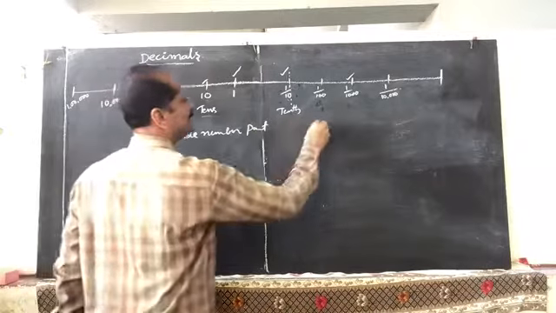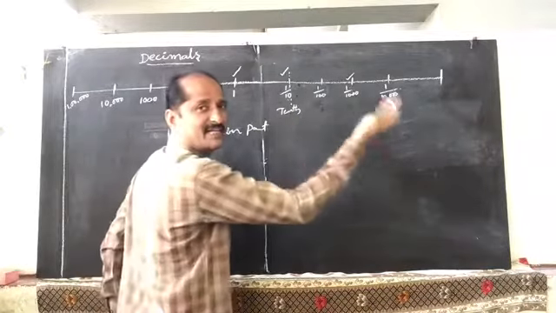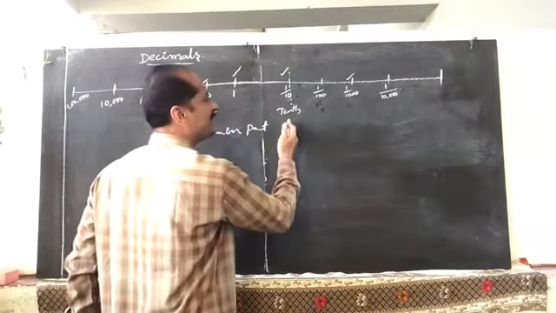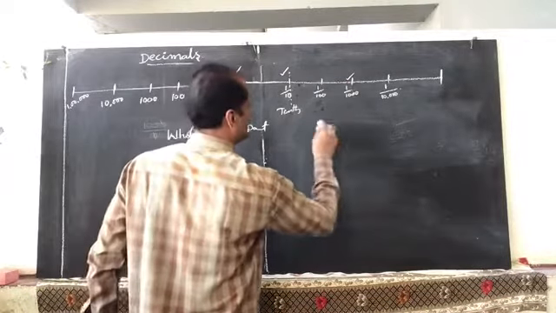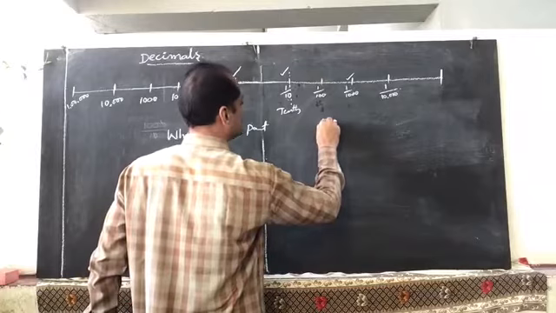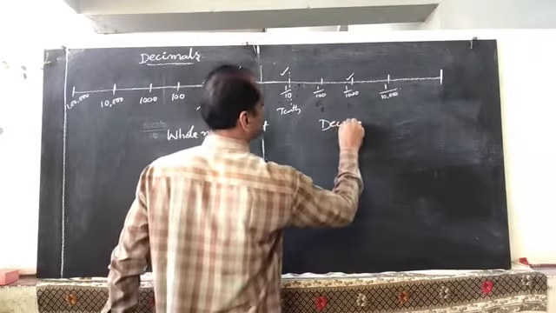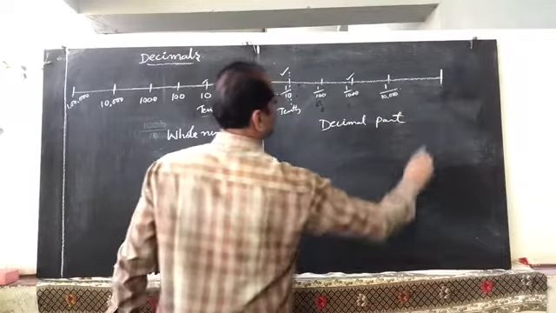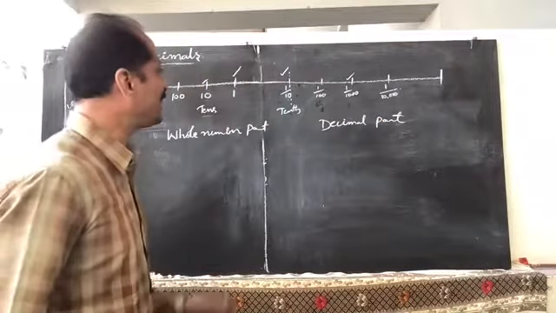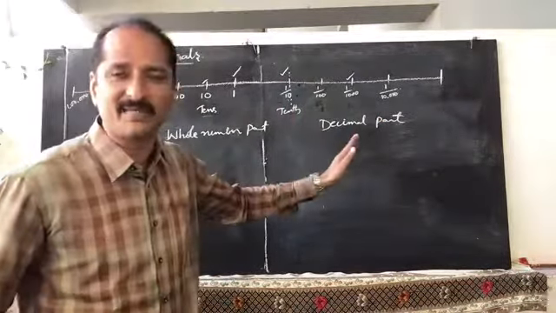And this is the part which is after the decimal. The part after the decimal point, that is the right side, is known as the decimal part. The part which is to the right side of a decimal is the decimal part.